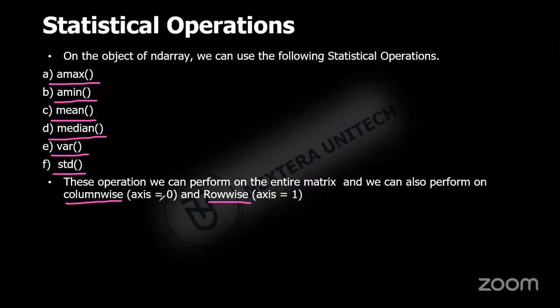By changing the value for a parameter axis. When you keep axis equals to 0, it is for columns, and when axis equals to 1, it is for rows. So let us remember these two values. And let me start with the first statistical operation, A max.